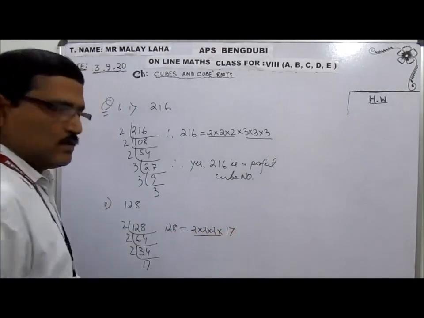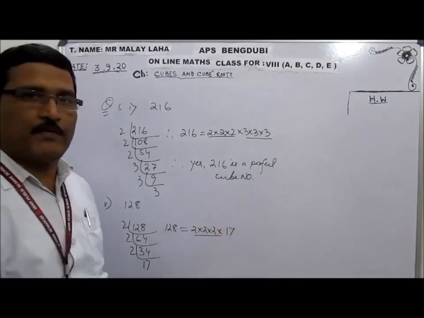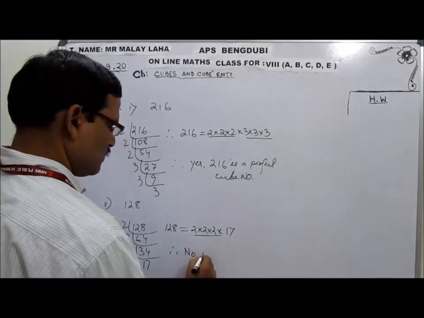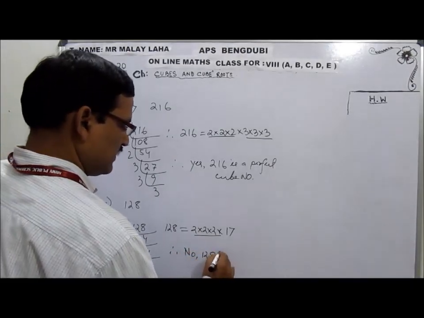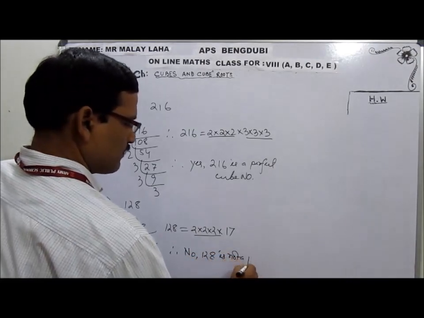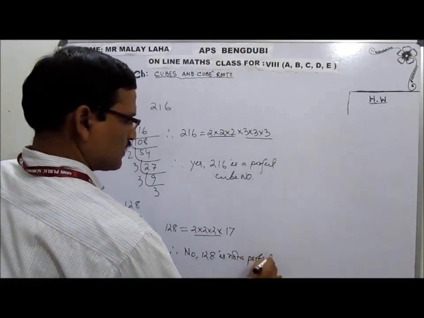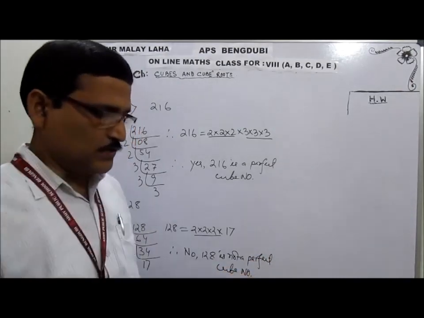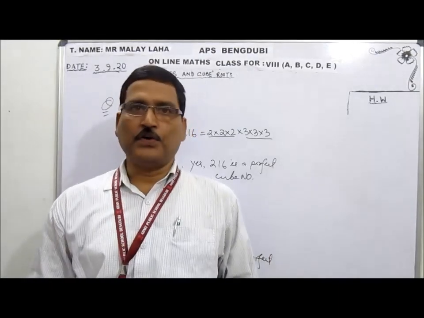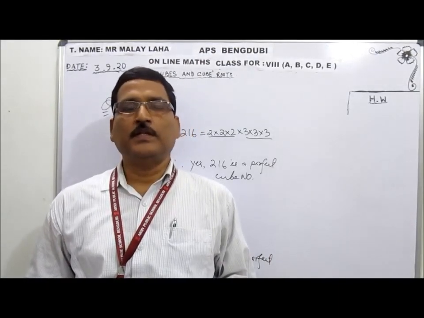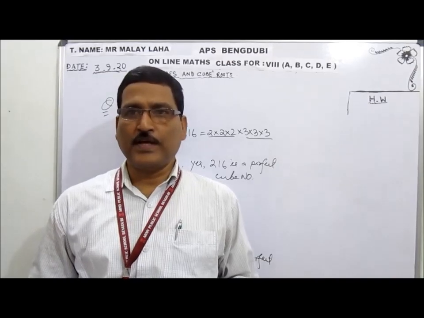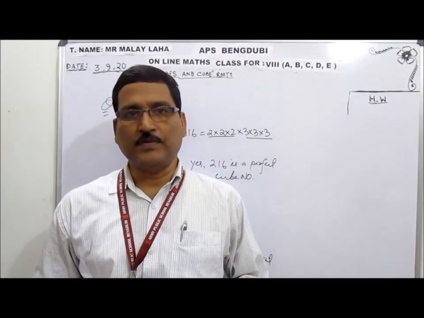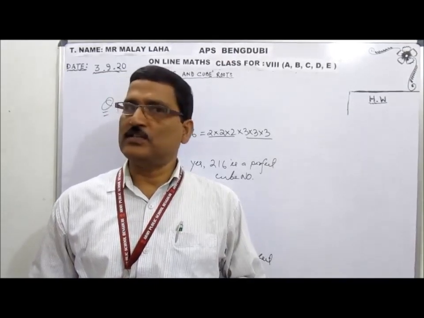You see, 2 has groups of three, but the remaining 2 we don't have a triple for. Therefore, you will say no, 128 is not a perfect cube number. So, to determine whether a number is a perfect cube or not, the easiest way is factorization. If you factorize and you are getting groups of 3 common factors, then it will definitely be a perfect cube number, otherwise not.